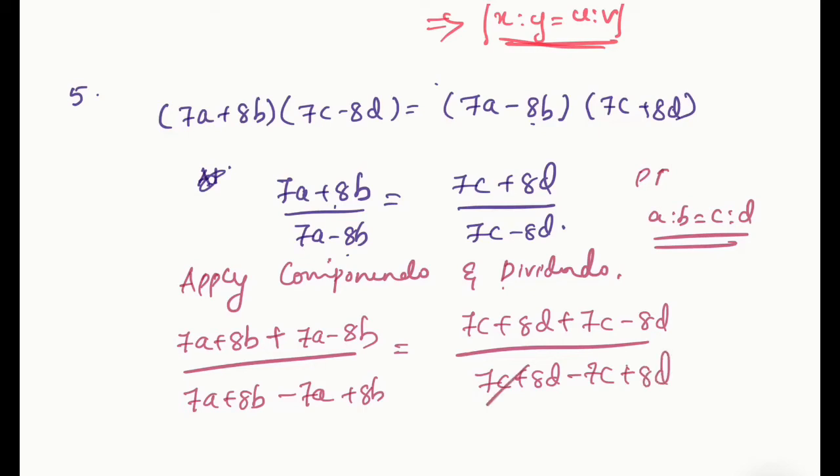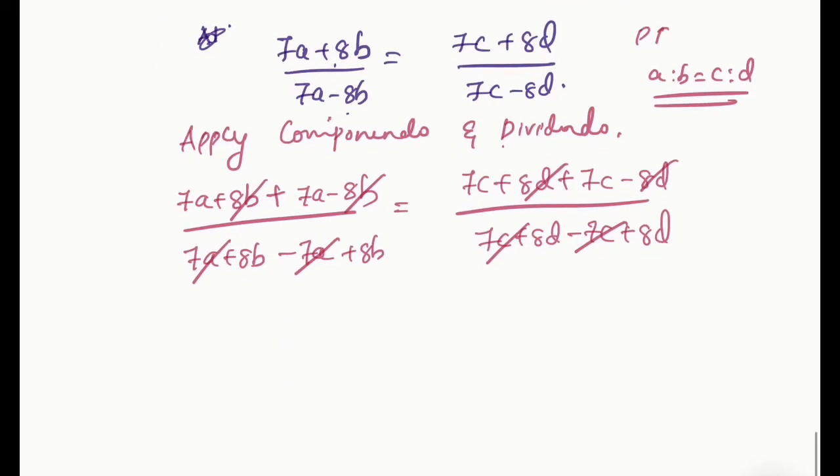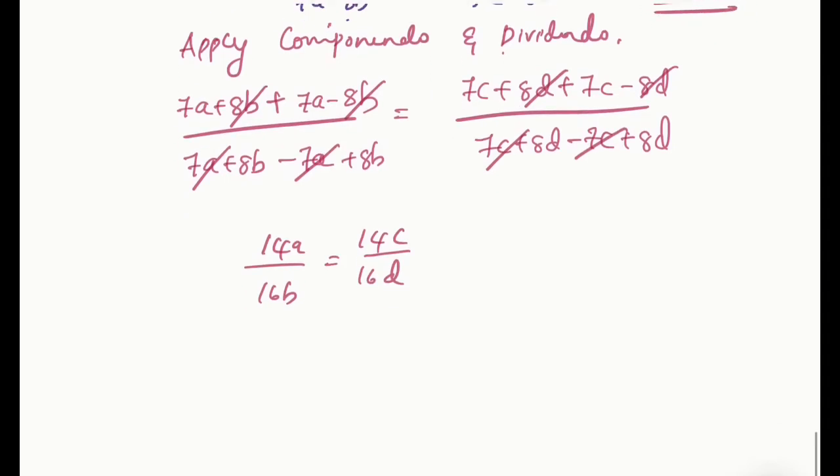Okay. So what I get here: 7c and 7c is getting cancelled, 8d, 8d. Here also 8b and 8b is getting cancelled, 7a and 7a is getting cancelled. So what do I get? 7a plus 7a is 14a by 16b equal to 14c by 16d.